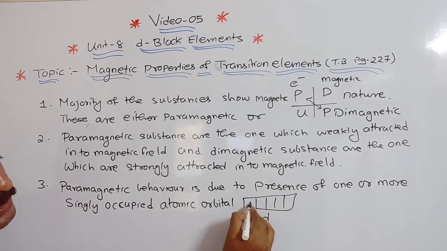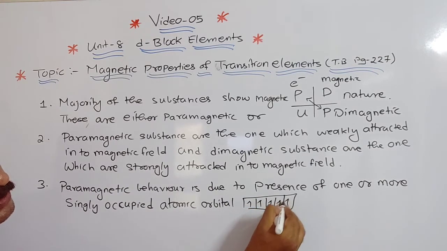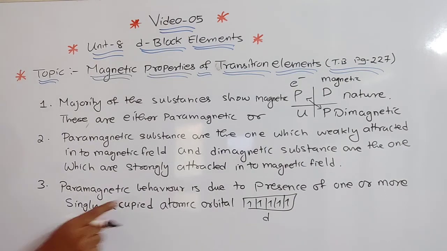If I talk about d, like this, with parallel spin, singly occupied means like this. This is the reason why paramagnetic behavior is observed.